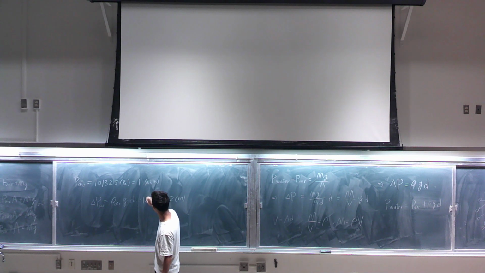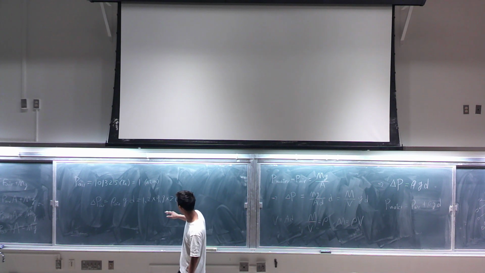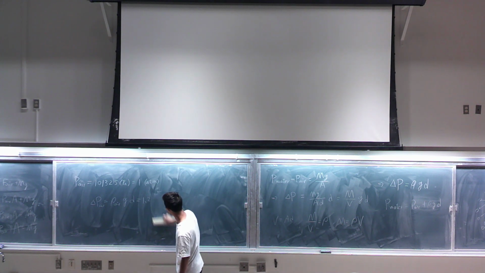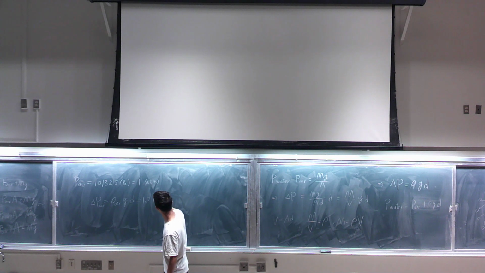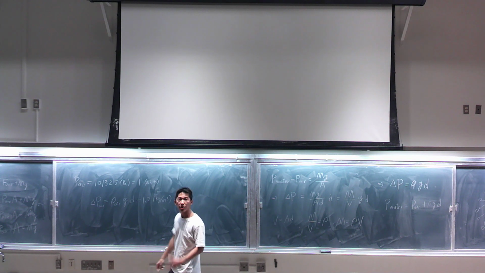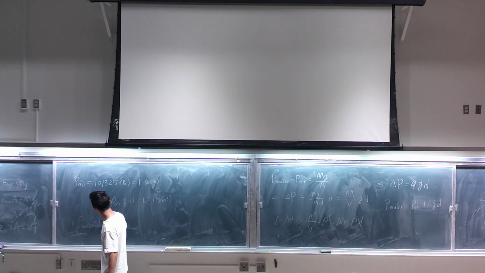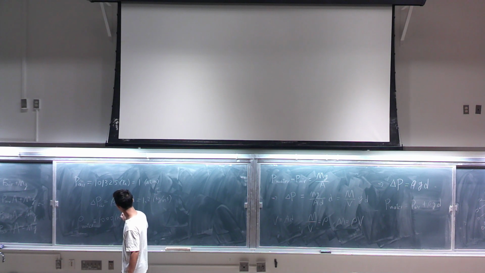The density of air is 1.2 kilogram per meter cubed. Let me show you how it compares to water. The density of water is 1,000 kilogram per meter cubed.